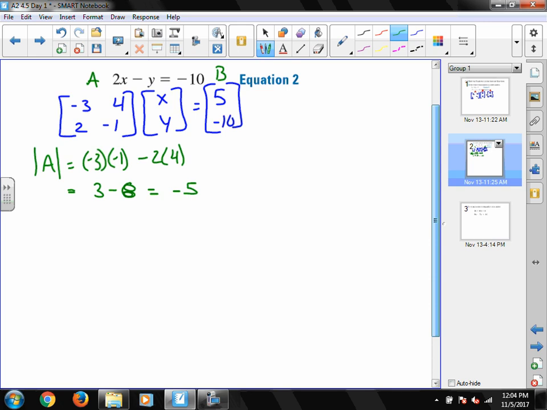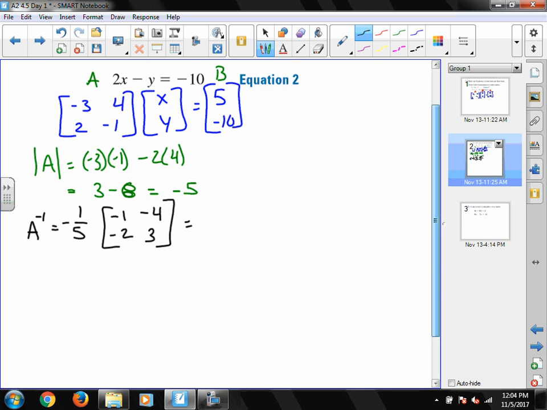Okay, now to find my inverse, 2 by 2, so I have -1/5. I just moved that negative out front, means the same thing. And I'm going to multiply that by A. I've got to flip my main diagonal, -1 and 3, and change the signs on my other diagonal, so I get -4 and -2.